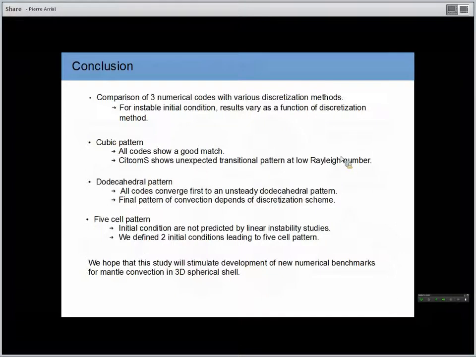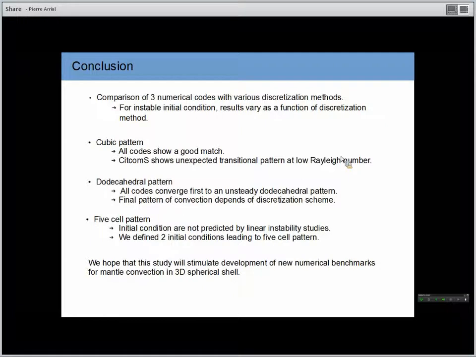So in conclusion, we compared three different numerical codes. These codes use different discretization methods, and we investigated how each method solves unstable or perturbed initial conditions.